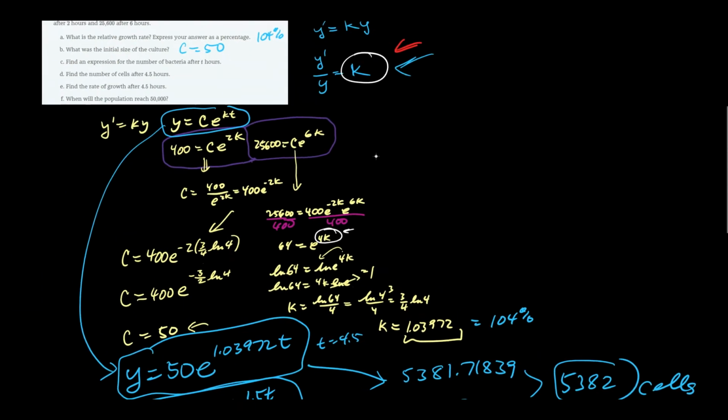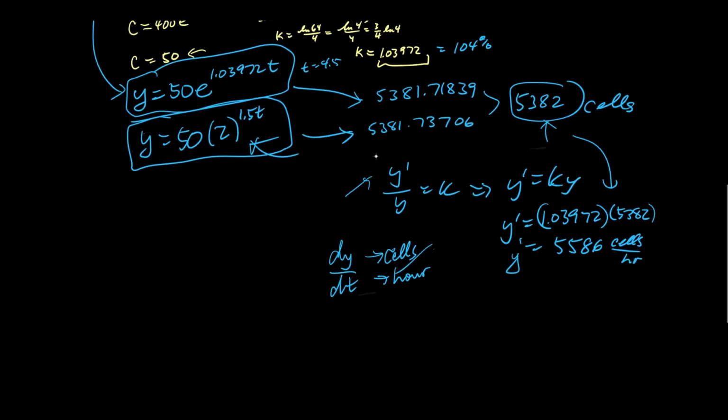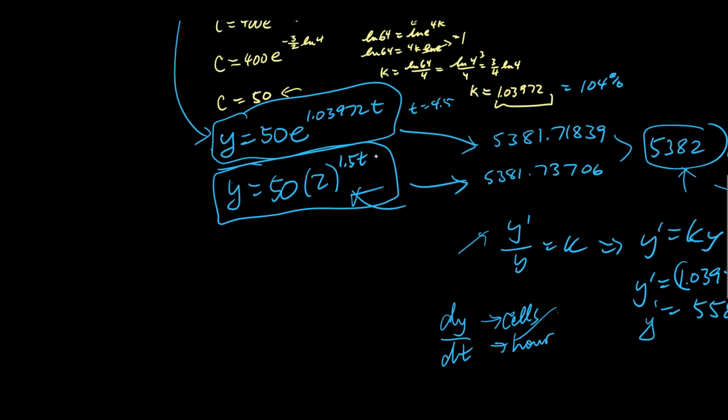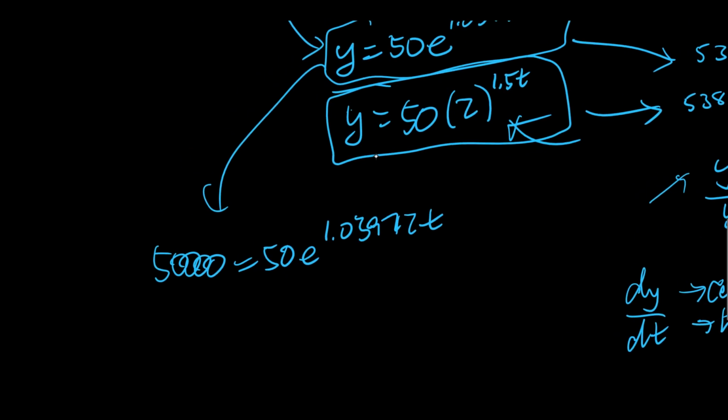Okay, and then when will the population reach 50,000? You just plug that into this right here. Plug in 50,000 equals 50 e to the 1.03972 t. The way you do this from algebra is you divide through by 50 and you get 1,000 equals e to this power.